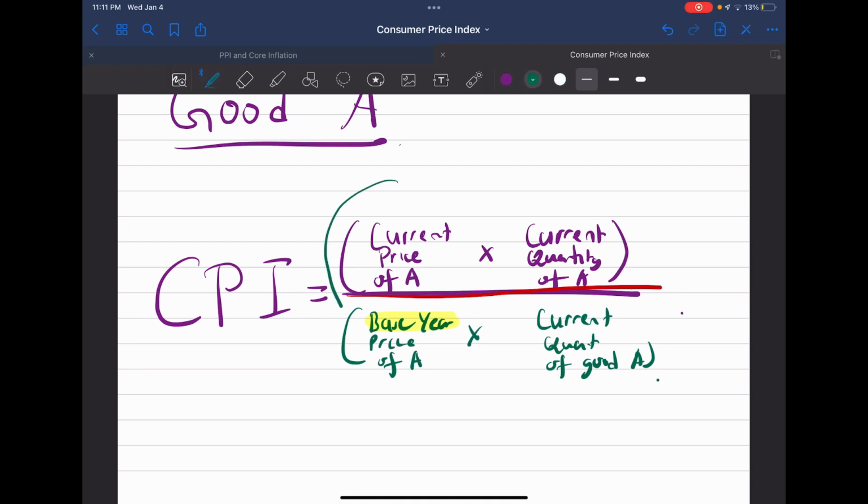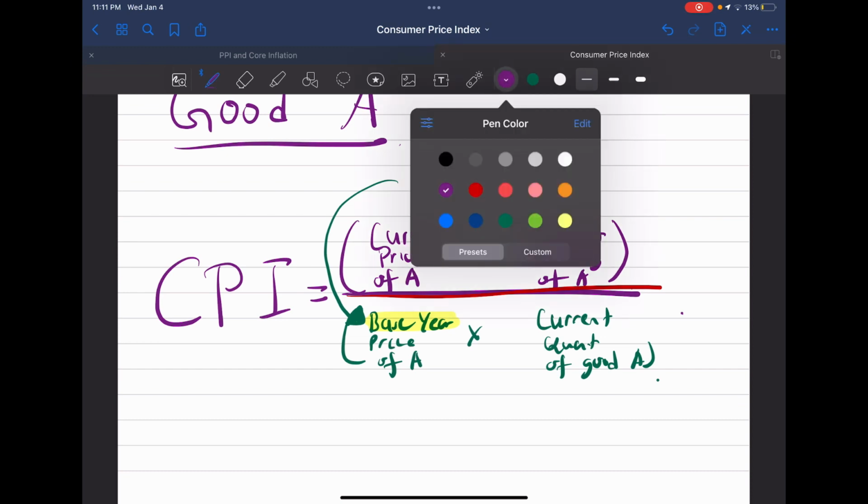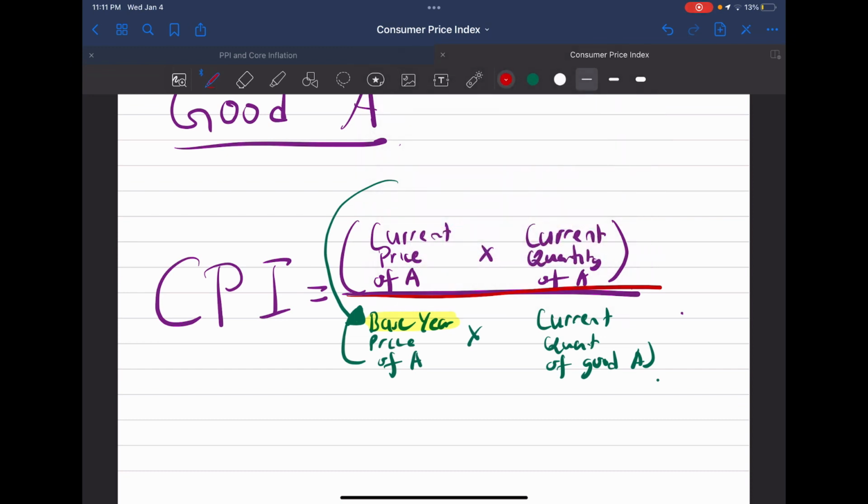It's best to watch the previous video about GDP deflators and base years, but if you have not watched it, I'm going to give you a little insight. A base year is a price from a certain year.